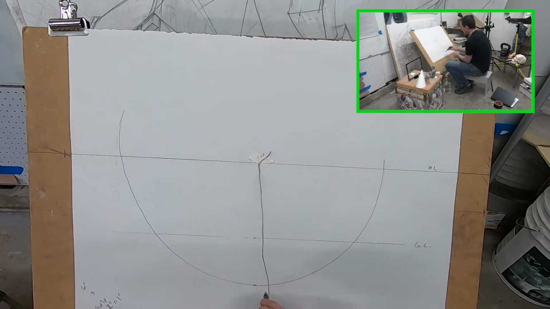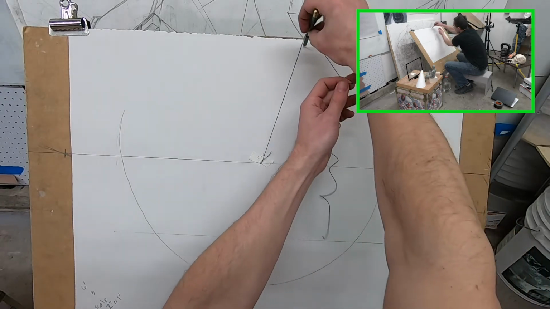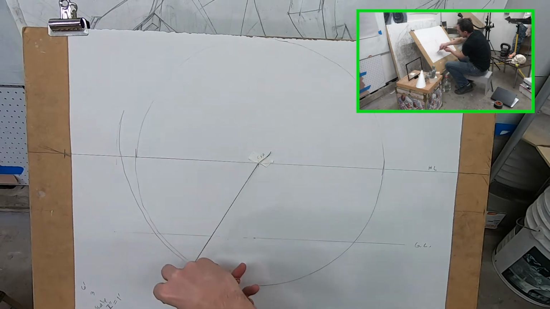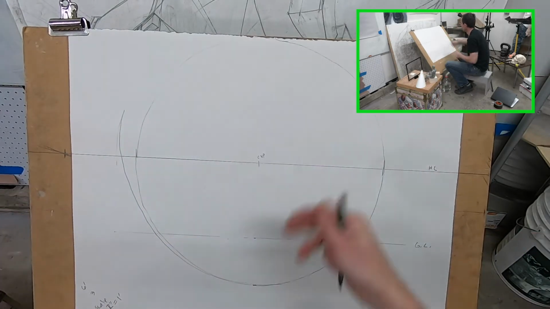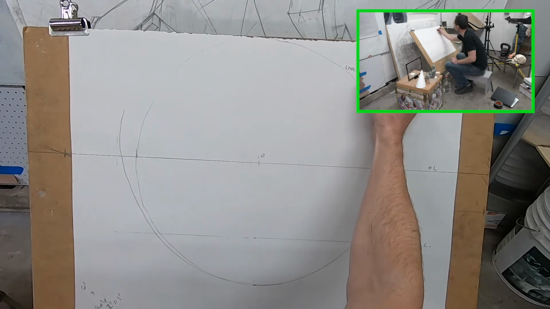Let's check that again. All right. So that is our cone of vision.